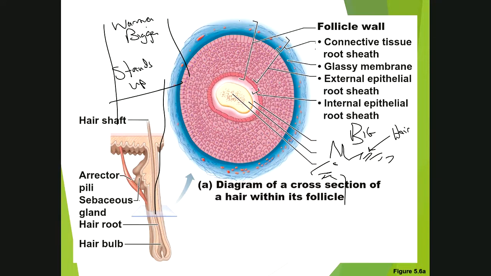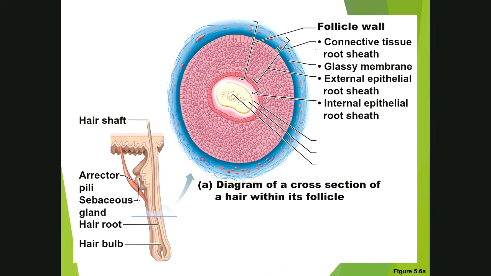And then one other thing that all hairs have is a little nerve ending down here. If you bump the hair, it vibrates, and when it vibrates, it activates this nerve. So again, they can act like receptors and alert you that something's touching your skin or there's a bug crawling on you or something like that.